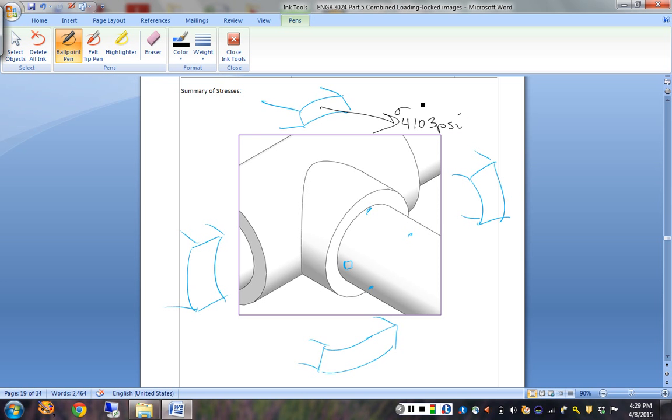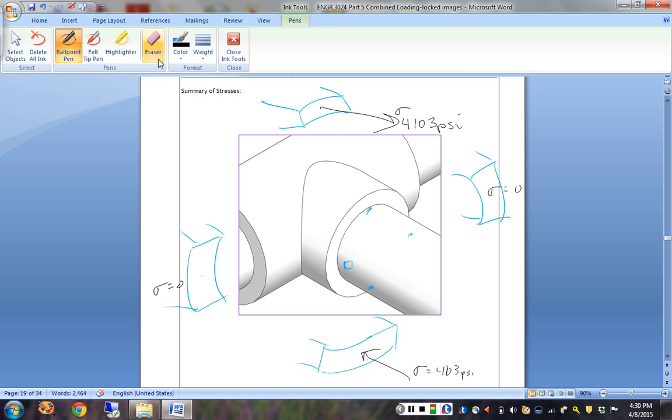How much sigma do I have over here on this one? 0. Sigma equals 0. What do I got down here? Negative 4103. Yeah. And what do I have here? Sigma equals 0. All right.